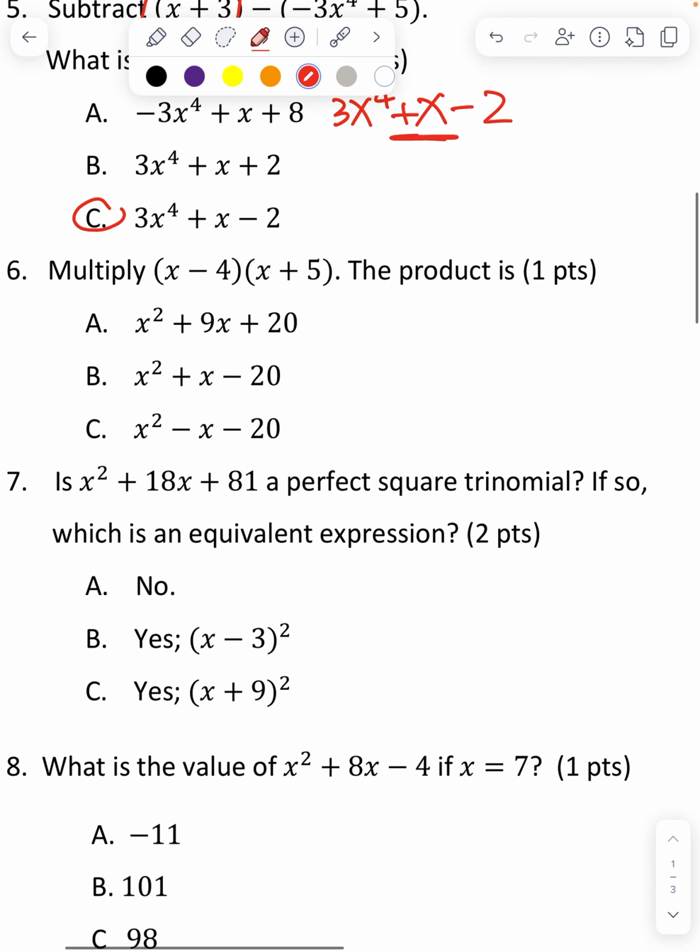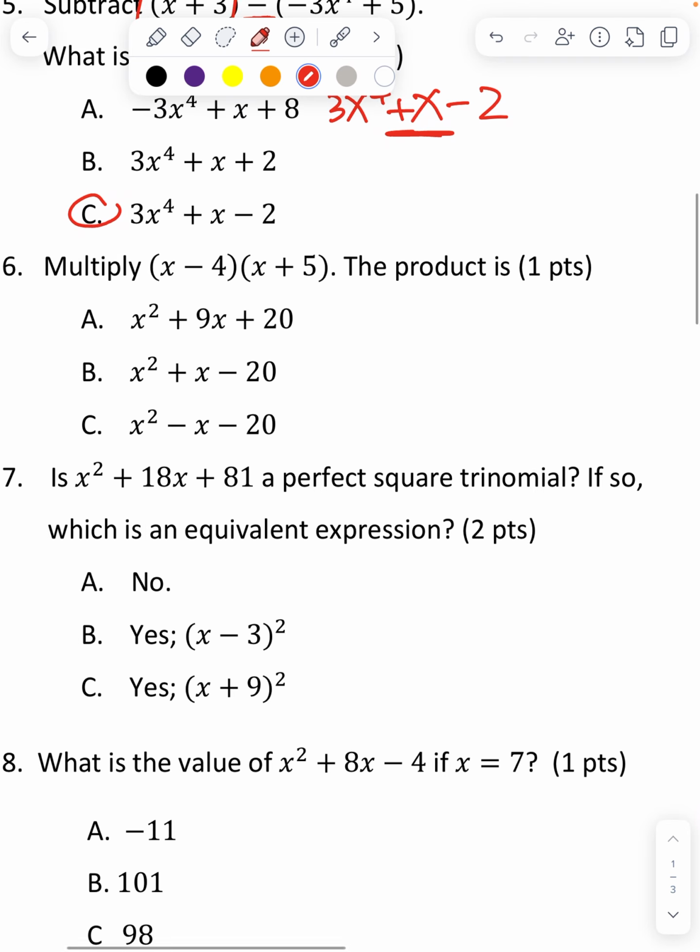Number 6, multiply. When we multiply binomials, right? We have to multiply everything together. First we use the first term. So x times x gives me x squared.